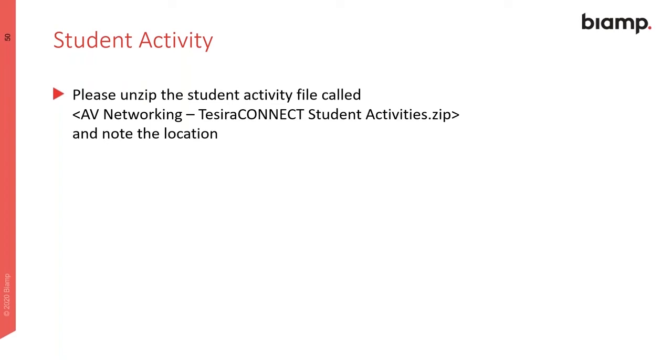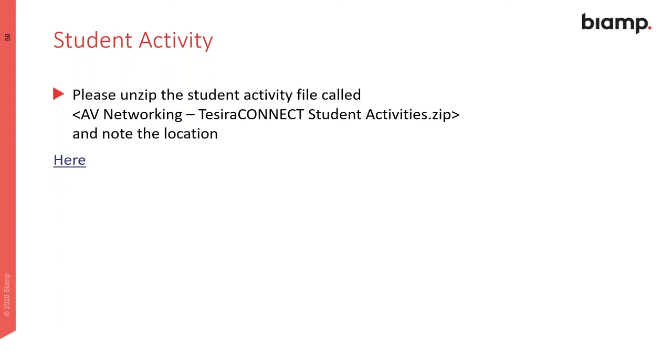All right, so now let's do some activities. If you look at your handout, in the slide of the student activities, you will find a link. You just need to click this file, and I will give you some minutes to do that.